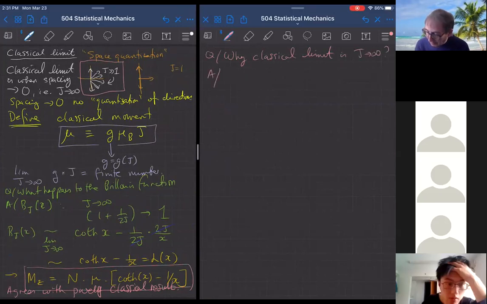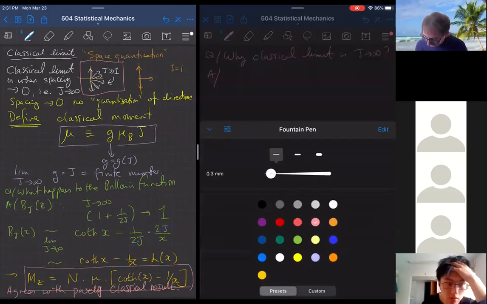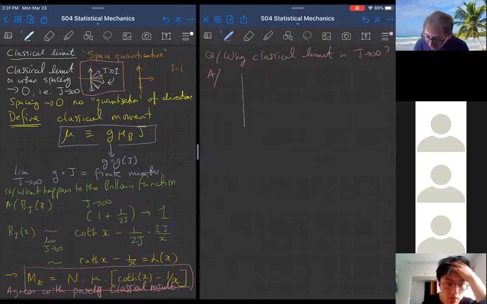So let me draw the axes. Okay, so this is the z direction.